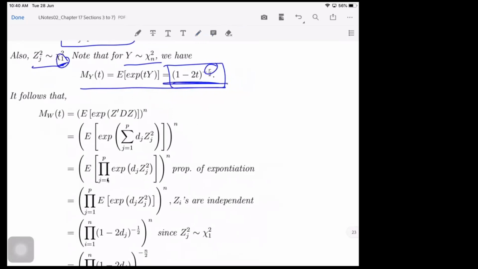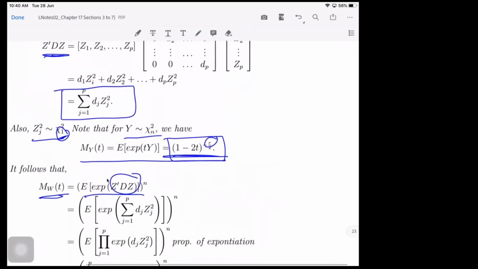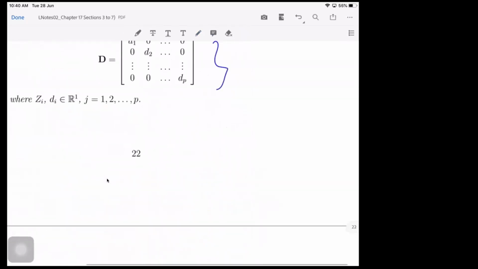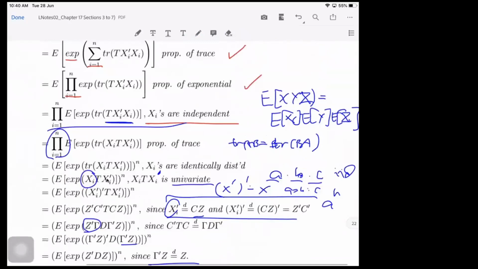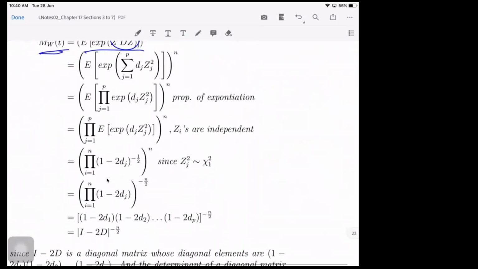So that if we again apply the moment generating function of W, which this time we use Z prime DZ instead of the original form, which is in terms of X, since they just have the same distribution.